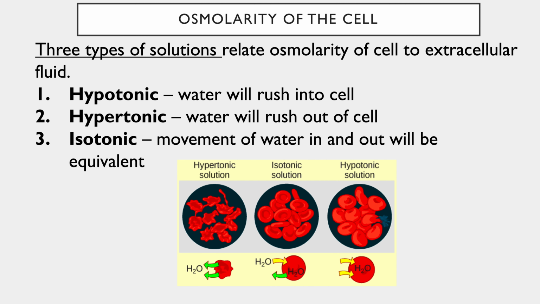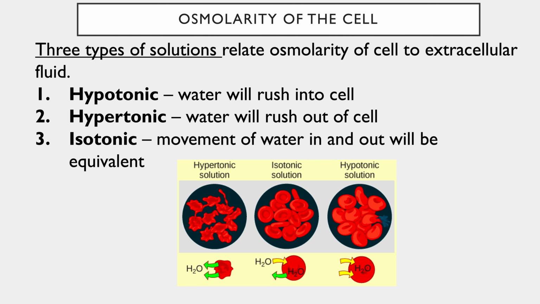The osmolarity of a cell, or the concentration of solutes in a solvent, the solvent being water, compared to its extracellular fluid, can be categorized in these three types of solutions.